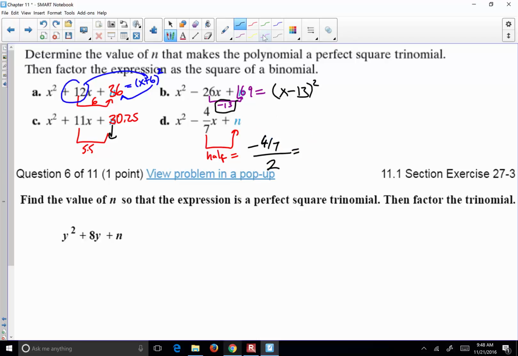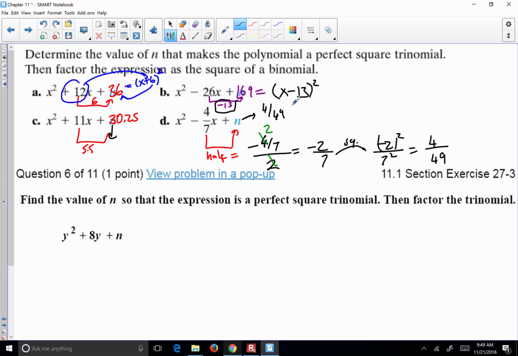Yep, 4 and 2 cancel. It becomes minus 2/7. But for n, we need to square this, right? How do you square it? You square top and bottom, which is 4 over 49. That's it.